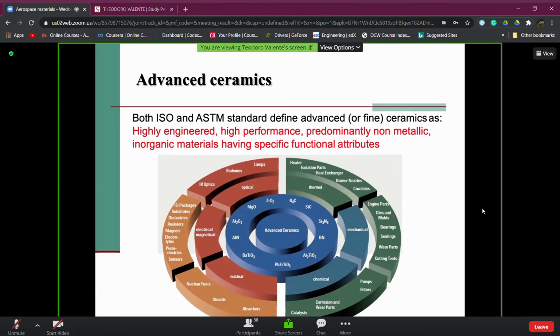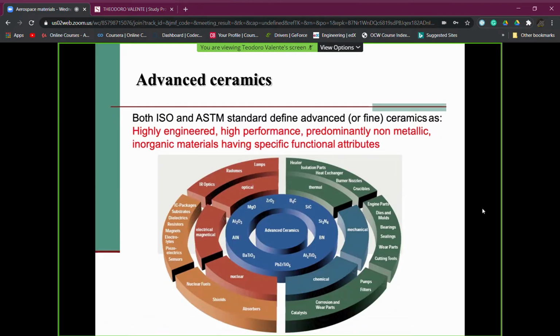But they are still belonging to the general class of ceramics, which are predominantly non-metallic, as we have seen at the beginning, and inorganic materials, but with specific functional properties, with specific functional attributes.